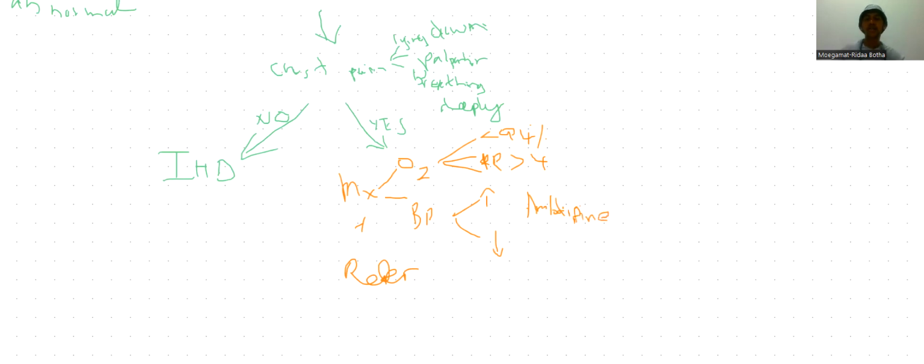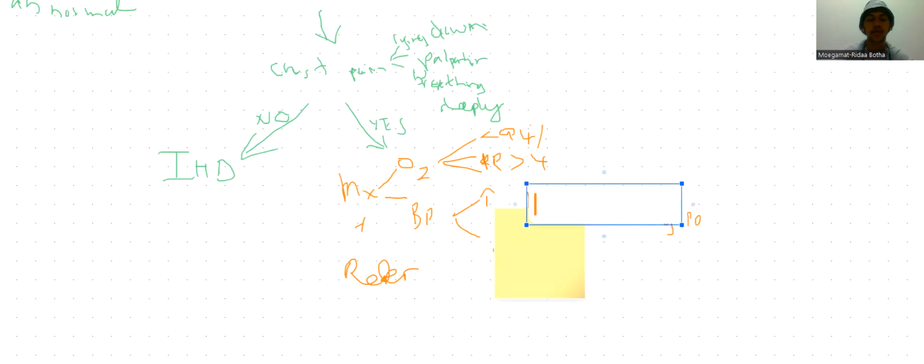So we give amlodipine 10 milligrams orally. And if the blood pressure is low, we give sodium chloride.